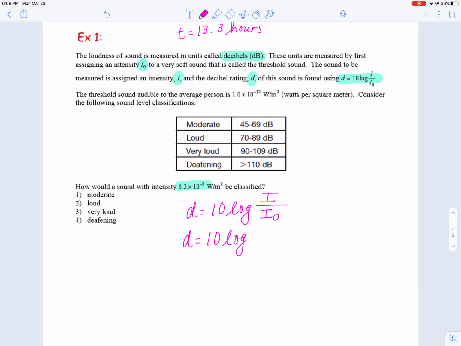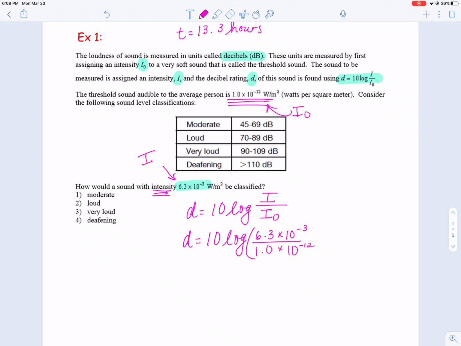Here's your numerator, 6.3 times 10 to the negative 3. And we know our I sub 0, which is your first intensity, is this: your 1.0 times 10 to the negative 12th power.